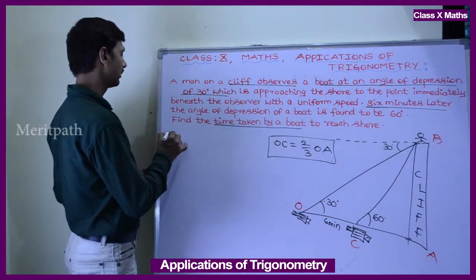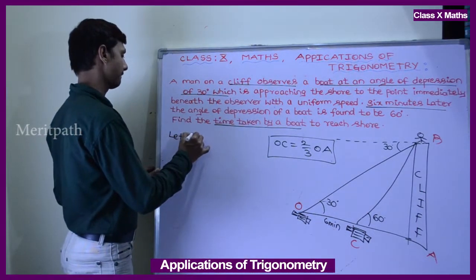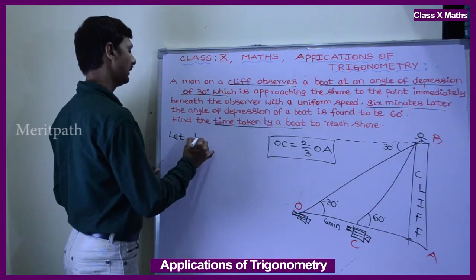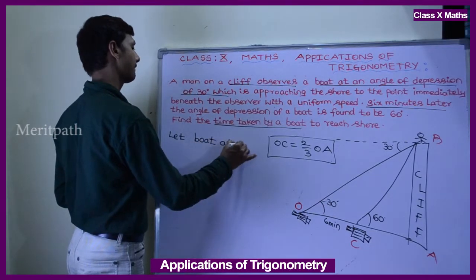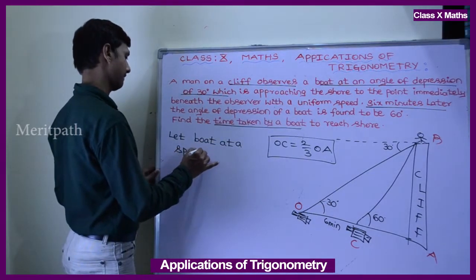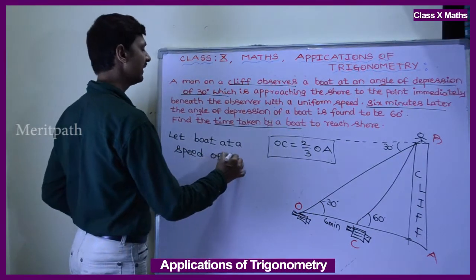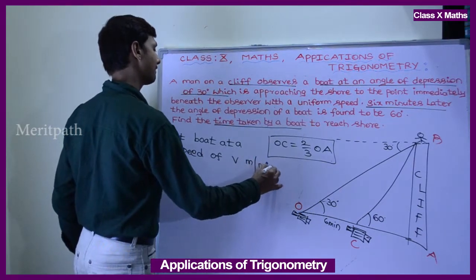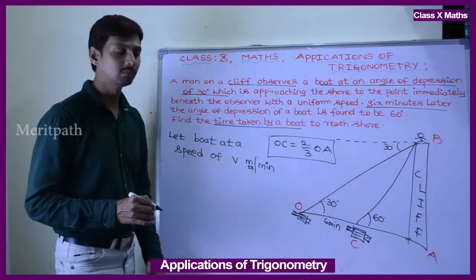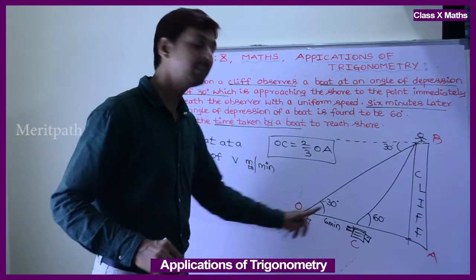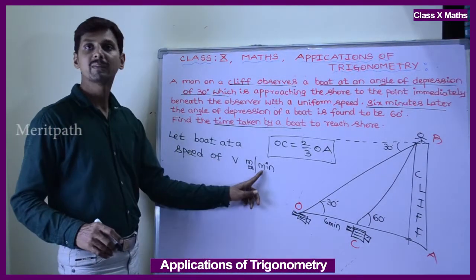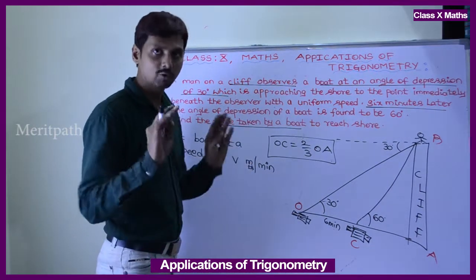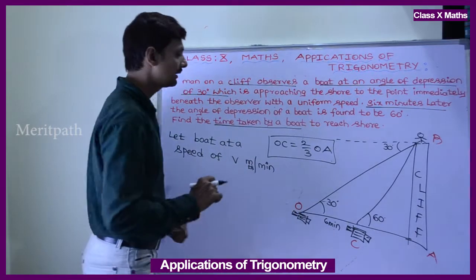Let us assume the boat is travelling at a speed of V meters per minute. It's a constant value we have taken. So it travels for 6 minutes.